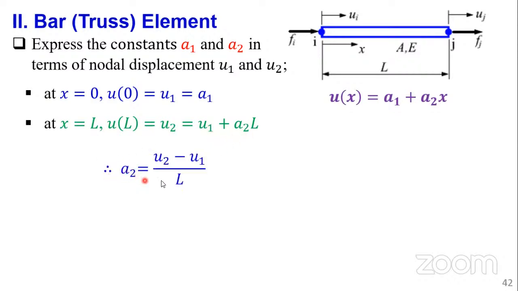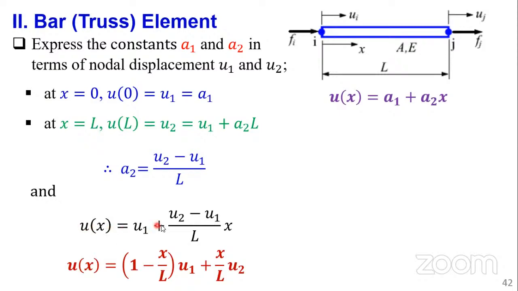Basically, a2 is this quantity. So in our expression, u(x) is equal to a1, which is u1, plus a2, which is this quantity, times x. Then we express our function in terms of the u's: (1 minus x over L) u1 plus (x over L) u2. Quite simple.